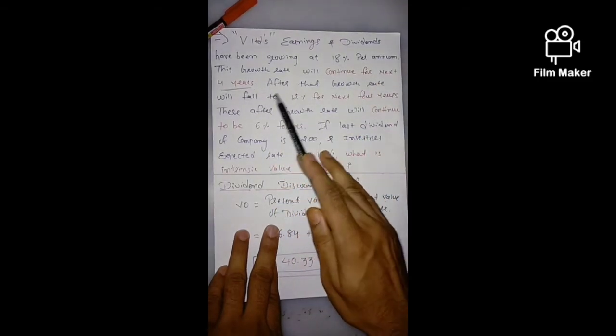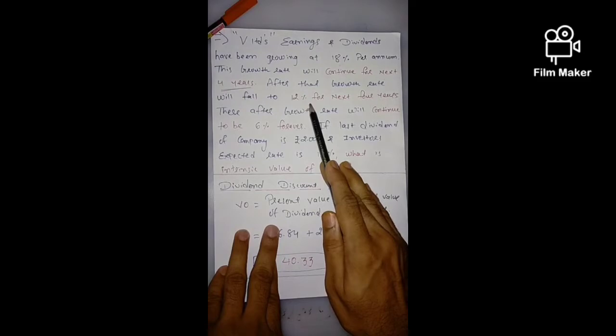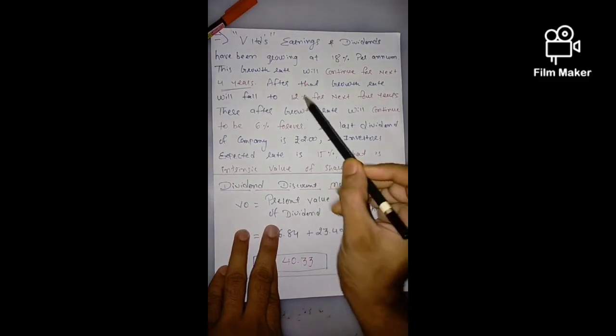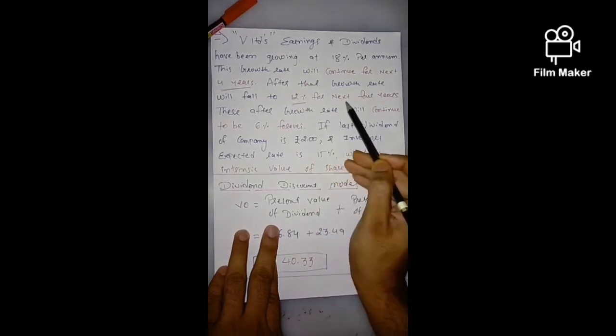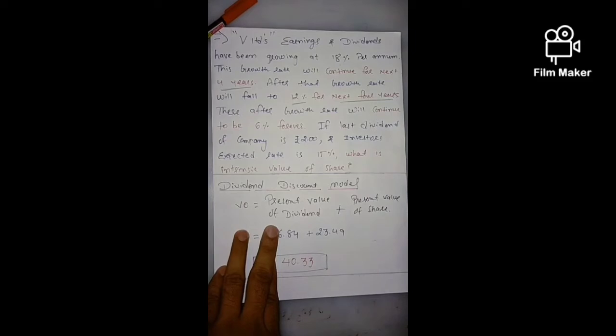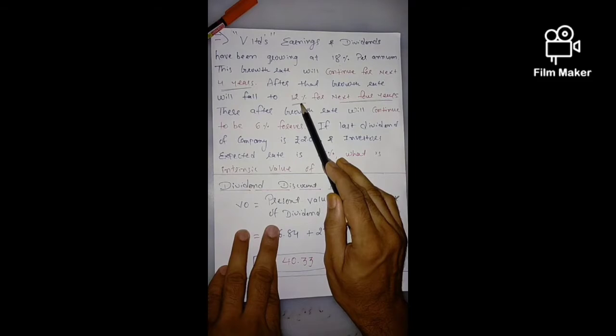After that, the growth rate will fall to 12%, and this 12% will continue for the next 4 years, which means we have 8 years of information, and in 8 years there are two different growth rates. For the first 4 years, the company will be growing by 18%, and for the next 4 years, by 12%.